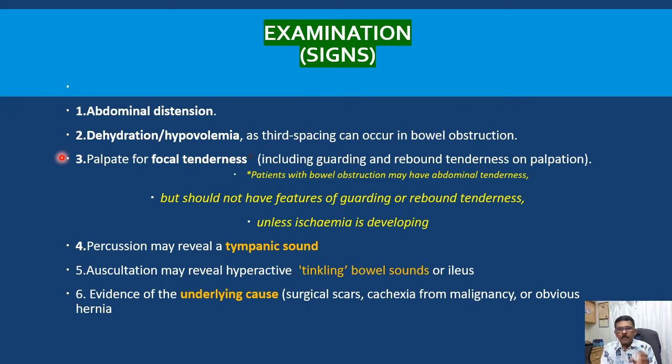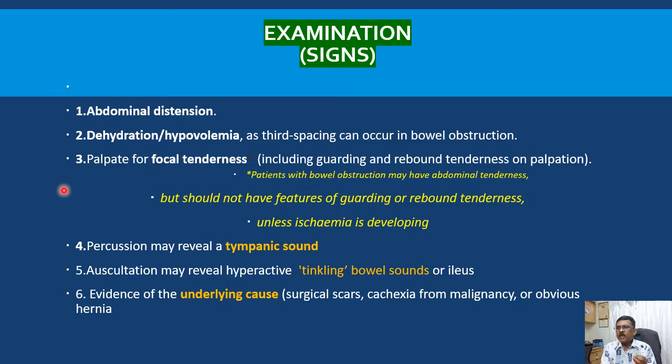Patients may have features of dehydration and hypovolemia because the amount of fluid lost into the third space can be tremendous, causing severe dehydration. Then on palpation, you may have localized or focal tenderness, and sometimes severe guarding and rebound tenderness.